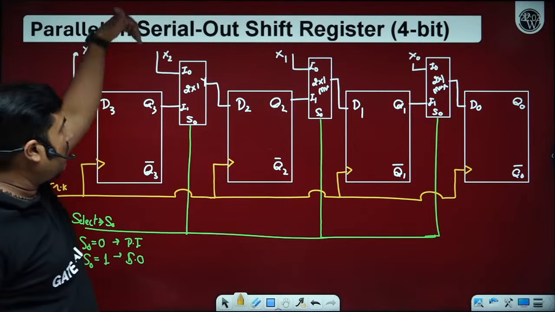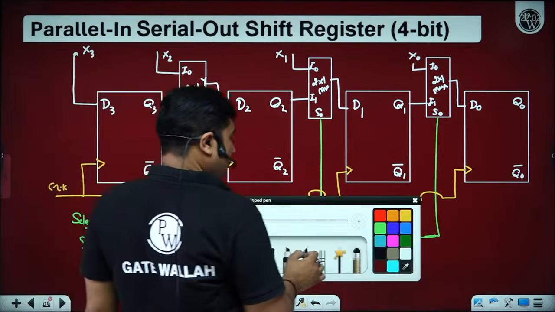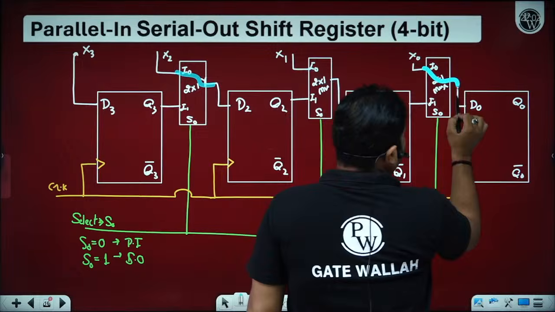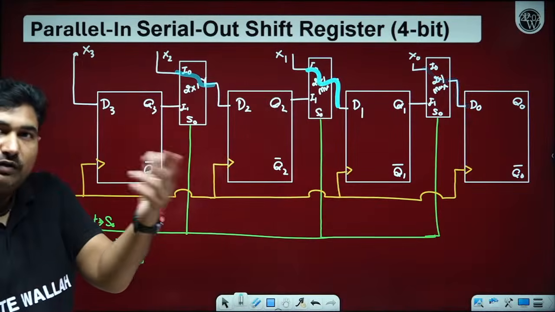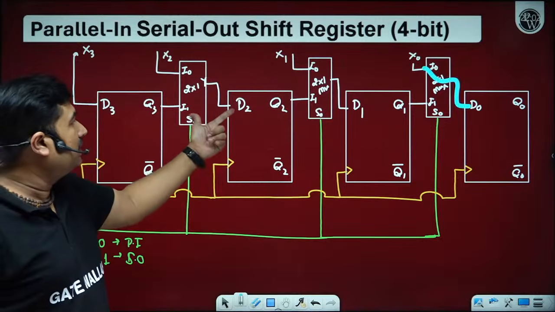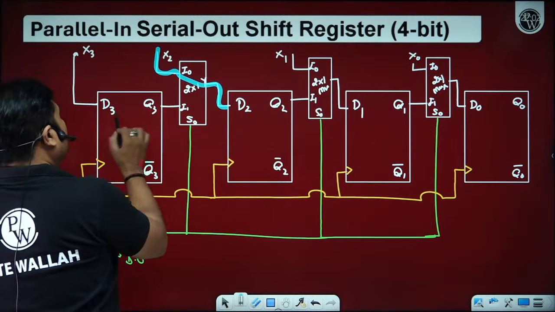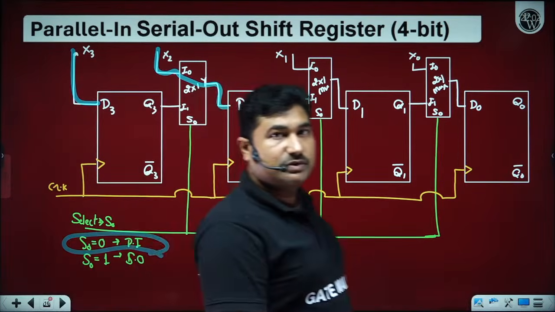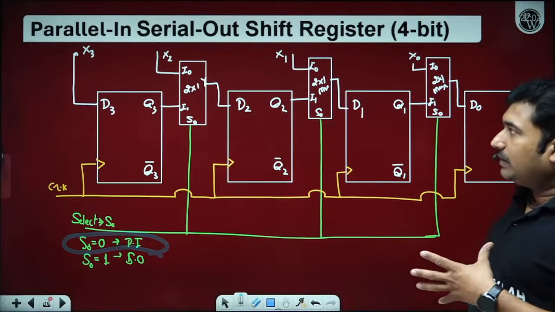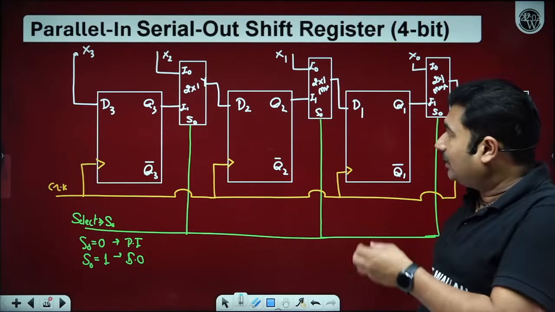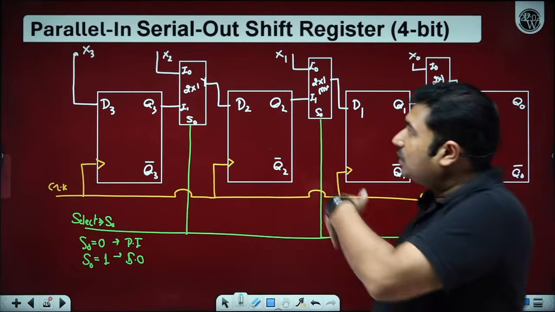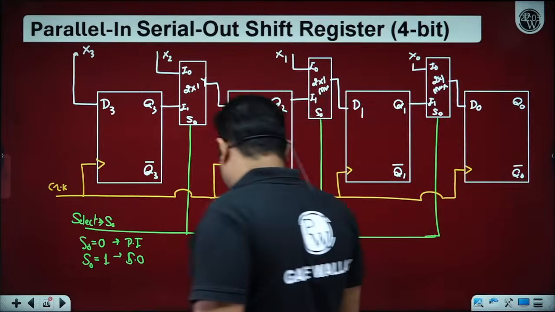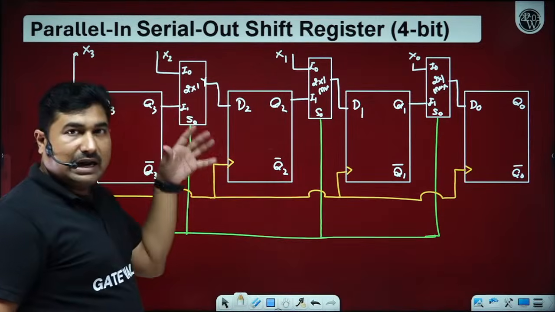When S0 is 0, the I0 pin gets connected to Y. So now we know the inputs to all flip-flops: D0 is x0, D1 is x1, D2 is x2, and D3 is x3 if we have parallel in, that is S0 equal to 0. When we give one clock pulse, the data get stored in the flip-flops Q3, Q2, Q1, Q0 with the data on x3, x2, x1, x0. So only one clock is required for parallel in operation.